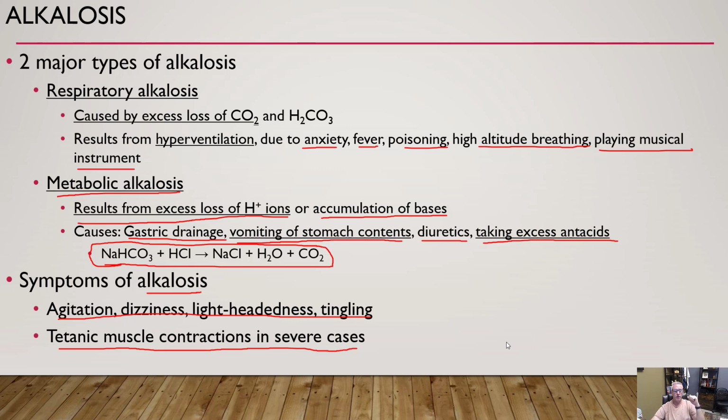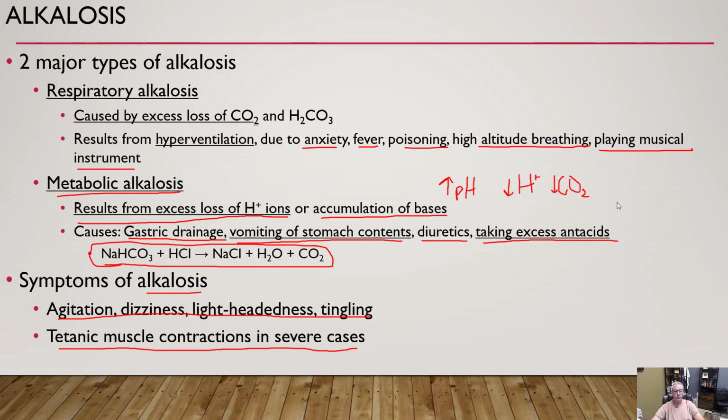So because we're in metabolic alkalosis, our pH is too high. So if we have metabolic alkalosis, we have a high pH, which means we have a low hydrogen ion concentration, and we have a low CO2.